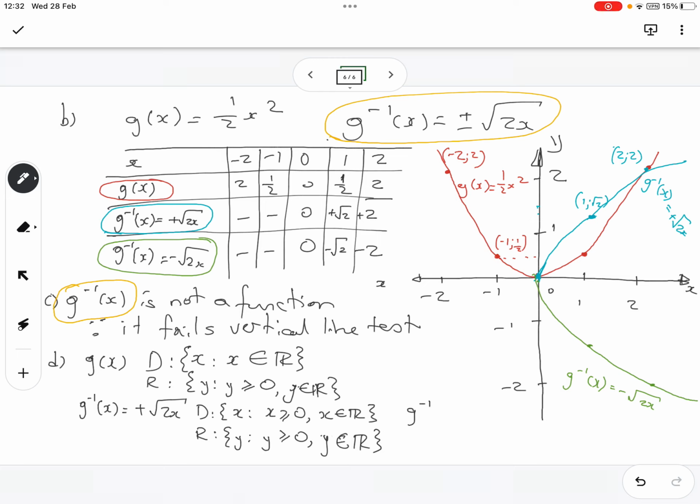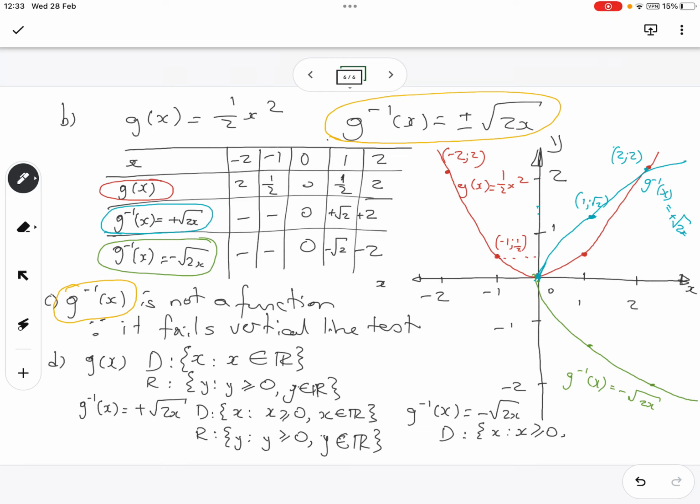And then the last part, g inverse of x equals negative root 2x. Domain? X is greater than or equal to 0. We're still doing the domain.